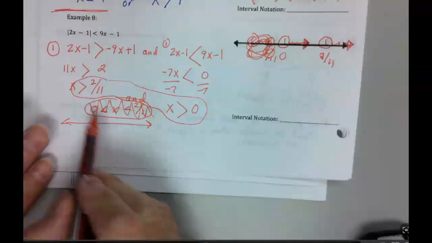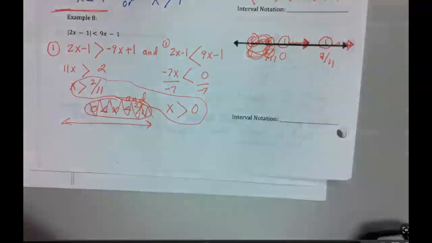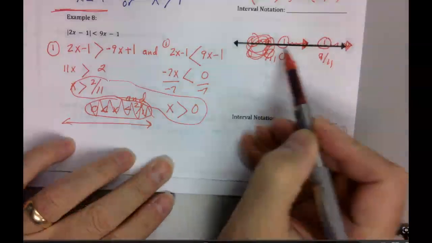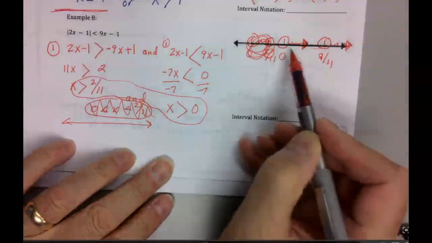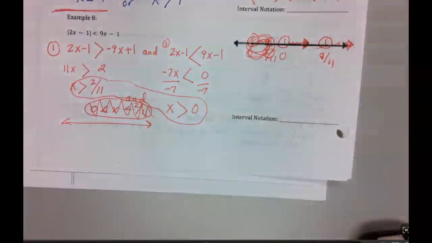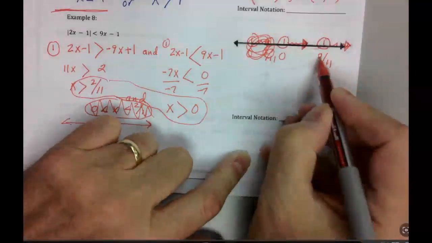So this one's a little tricky because I want you to look at ands mean where they intersect, correct? Or they share. So which ones do they share down here? Do they intersect down here? Do they share those points? Remember, it has to work for both of them, doesn't it? So the only place it works is where? 2 11ths.